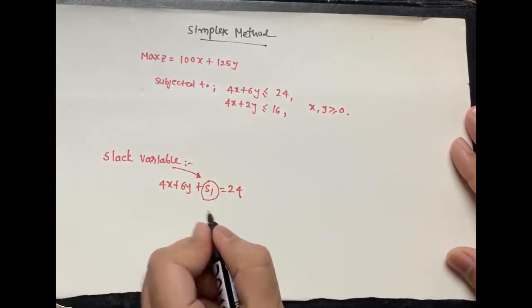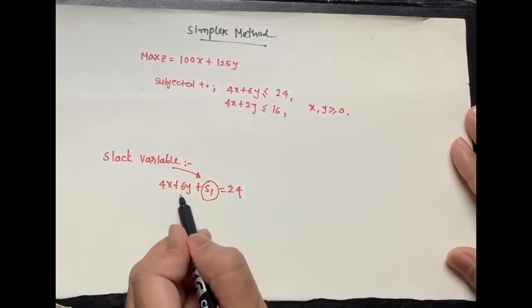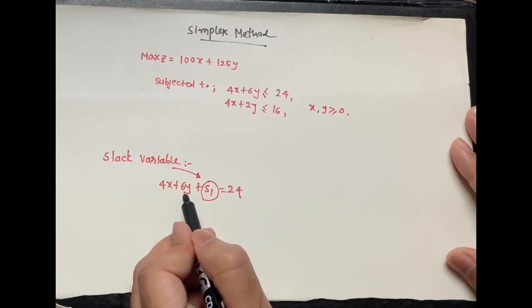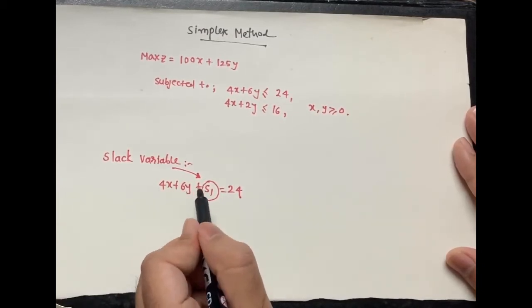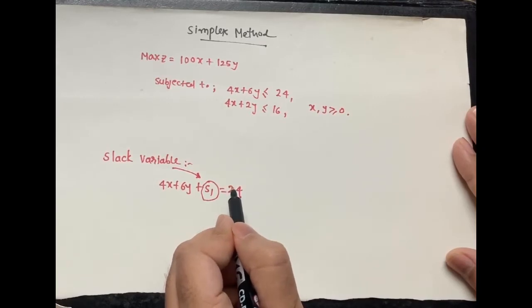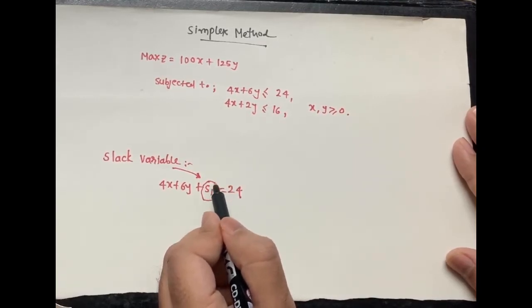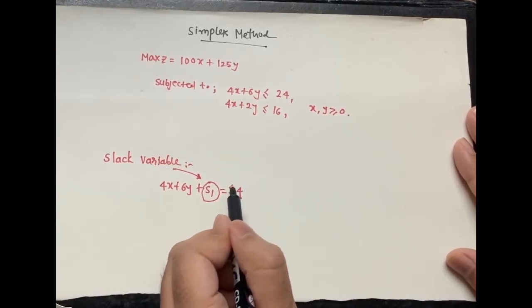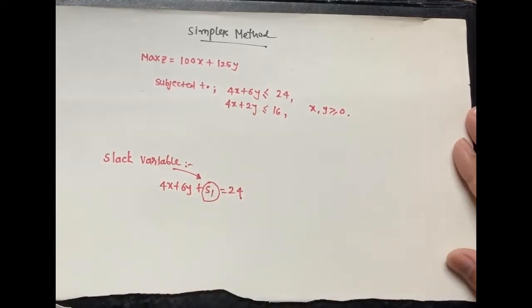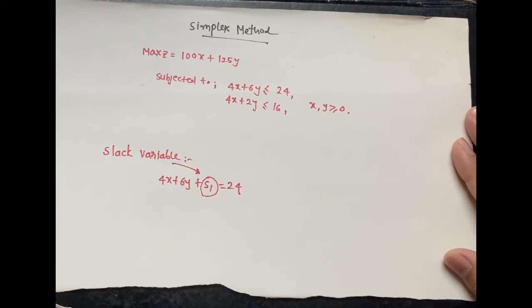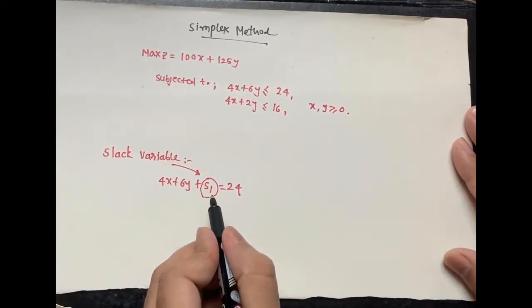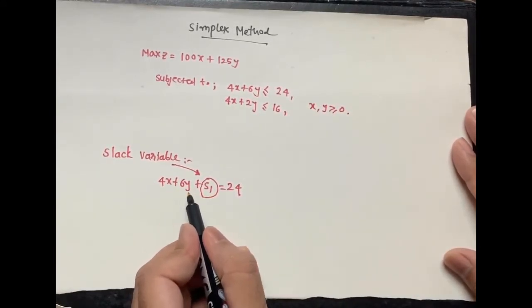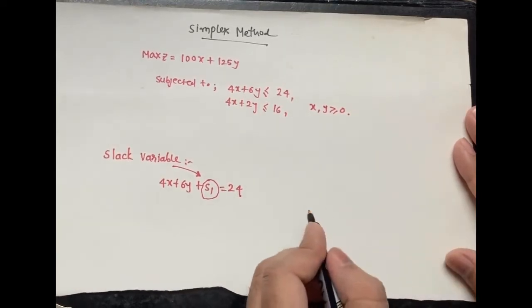What is the value of slack? This 4x plus 6y is short of this 24. The amount by which it is short of 24 is compensated by the slack variable. Yes, s1 is the amount by which 4x plus 6y is short of 24.